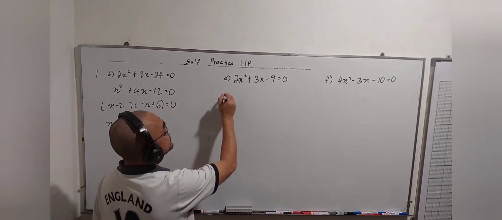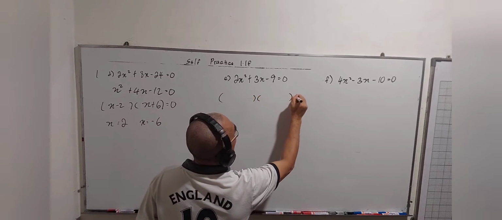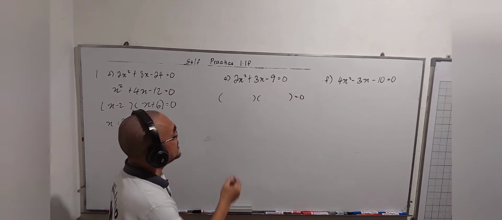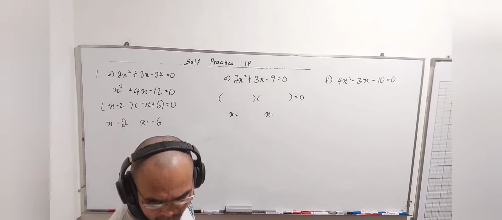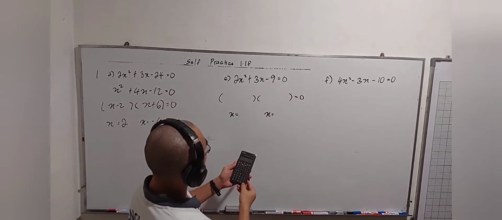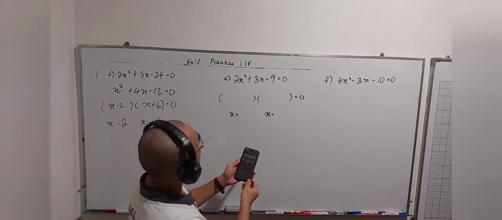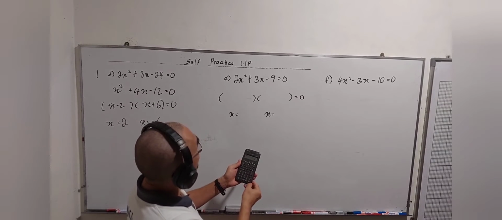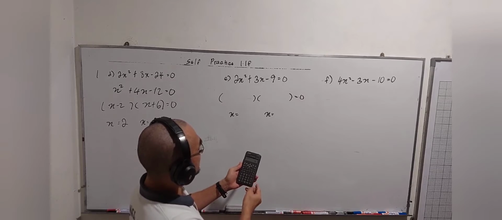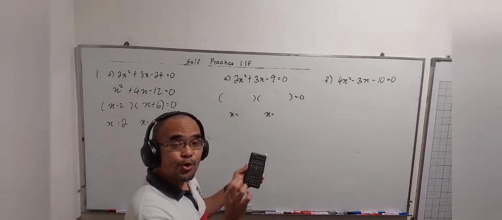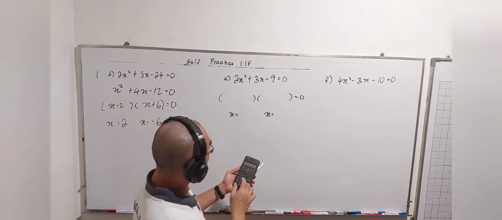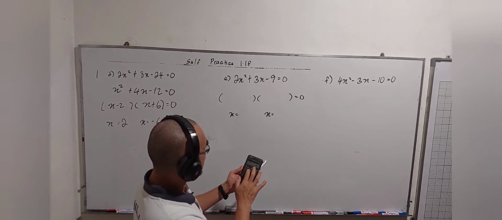And here you cannot divide by any common number, so you just write the first x and the second x, then insert the value. A is 2, b is 3, c is negative 9. So the first value will be 1.5, and then you should change that to fraction form by pressing Shift ABC.